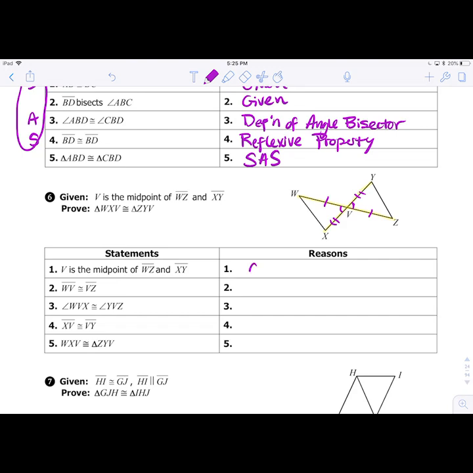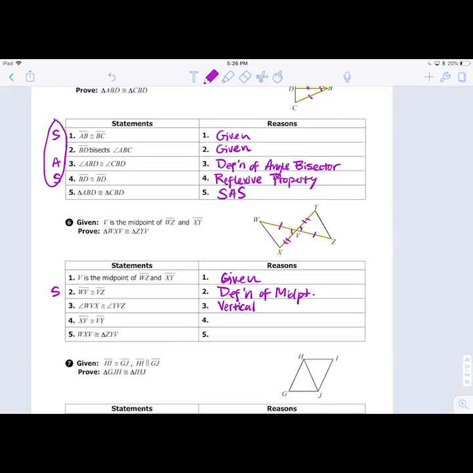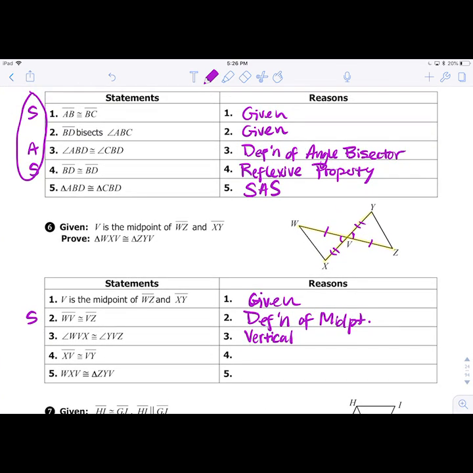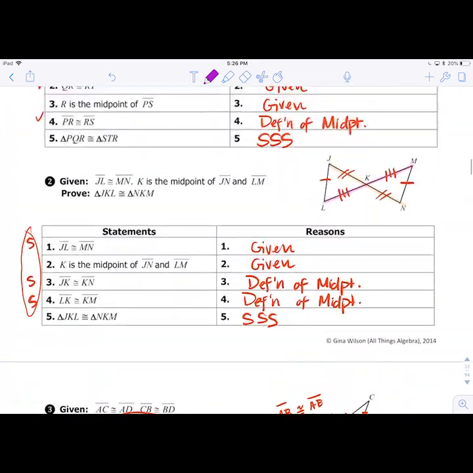All right. Given. Why is WV congruent to VZ? It's the definition of a midpoint. Why can we say that angle WVX is congruent to angle YVZ? Because they're vertical angles. Let's be very conscious and very correct whether it's vertical angles or vertical angles theorem. I'm going to go back up to my reference sheet.